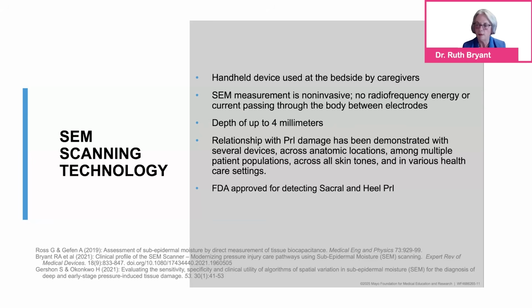And often there's the question, why not use it on the occiput or on the trochanters or on the ITs? Currently it is supported for sacral and heel pressure injuries. And as we saw with Kathleen's research presentation, the predominant number of pressure ulcers occur in the sacrum. So there's good reason to be using it for those sites and why the company would focus on those sites.